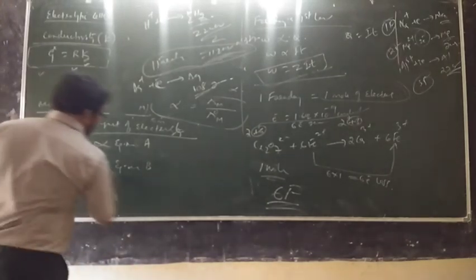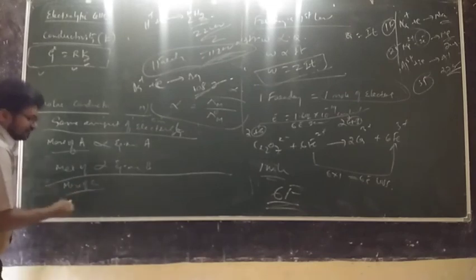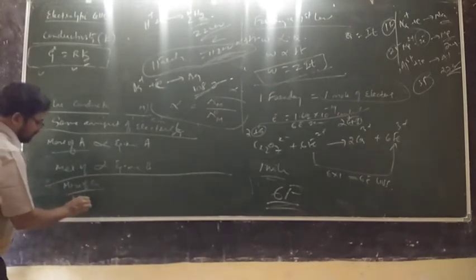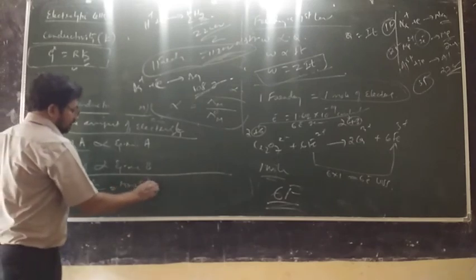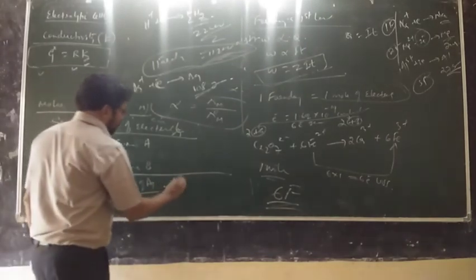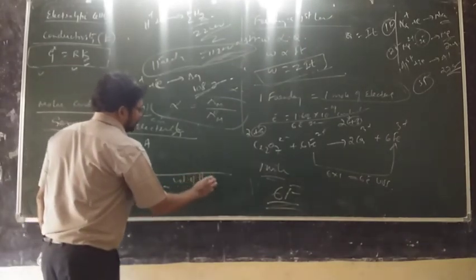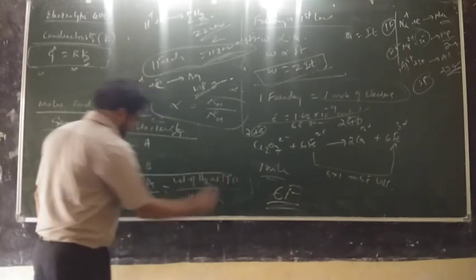So generally we can write in this fashion: mass of copper divided by equivalent mass of copper equals mass of silver divided by equivalent mass of silver equals volume of hydrogen at STP divided by 11,200.